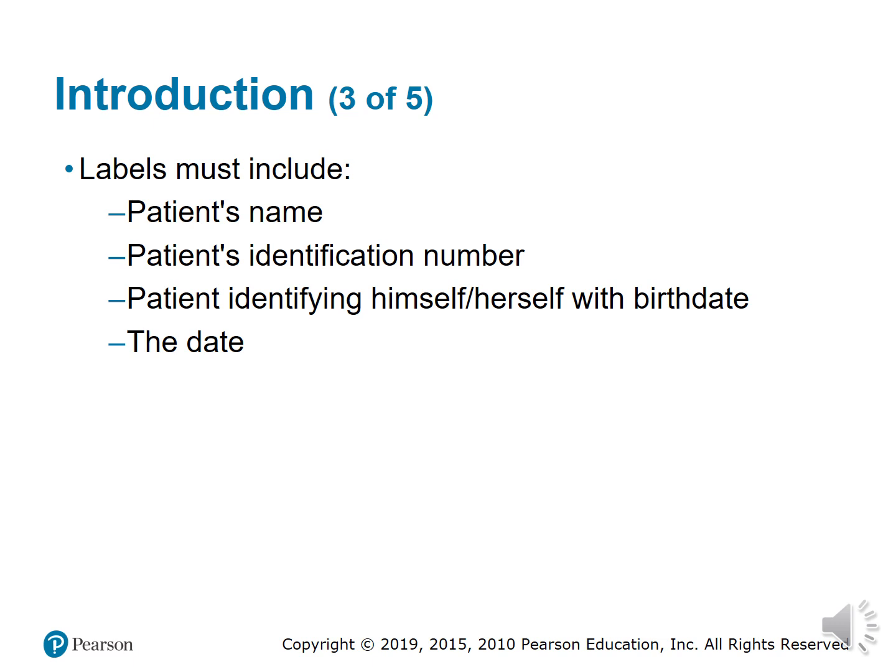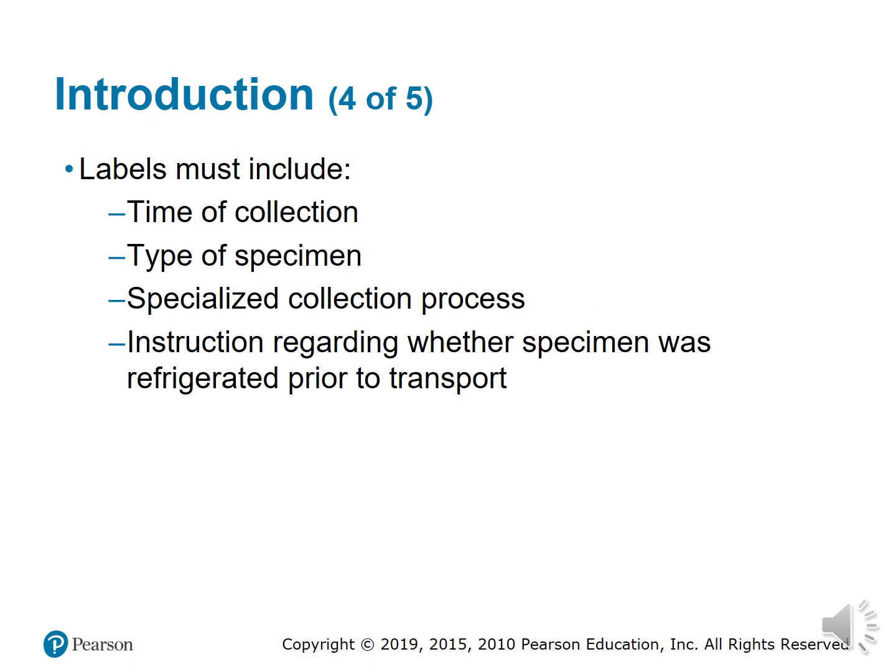If it isn't a pre-printed label, you have to put the patient's first and last name, their date of birth, and the time and date it was collected. So just make sure you do those on a container.